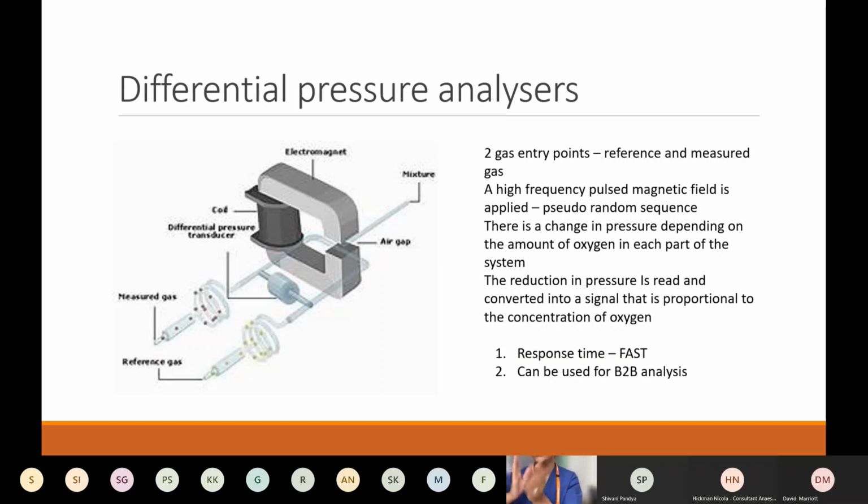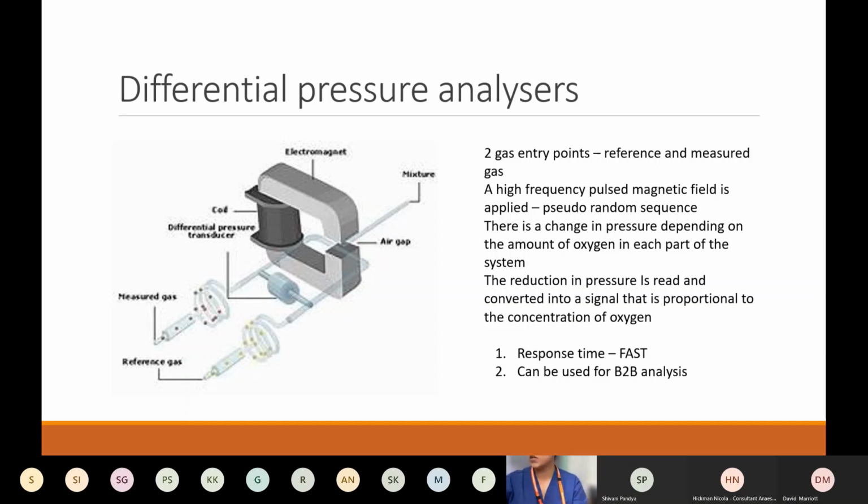So depending on how much oxygen there is in each limb, there will be a change of pressure. In the limb that has the reference gas, which is normally 21% oxygen, which is air, there'll be less, and in the measured gas that you're giving, there will be more. The reduction in pressure, or the ratio of the two, is then read and converted into a signal that is proportional to the oxygen concentration.